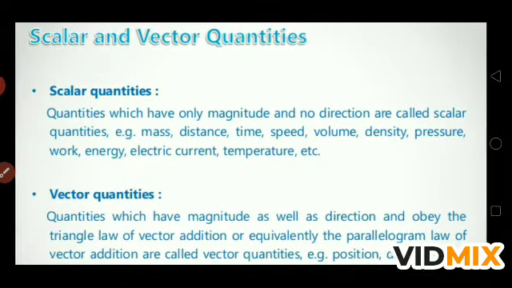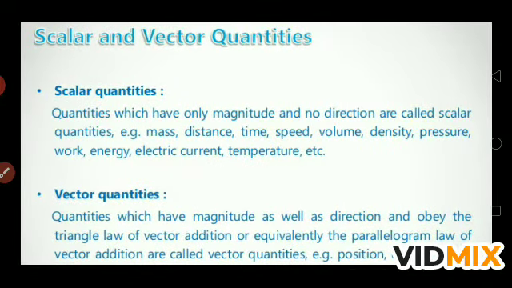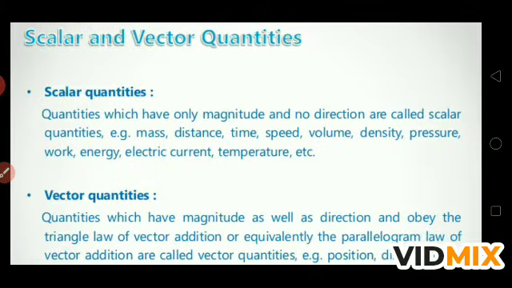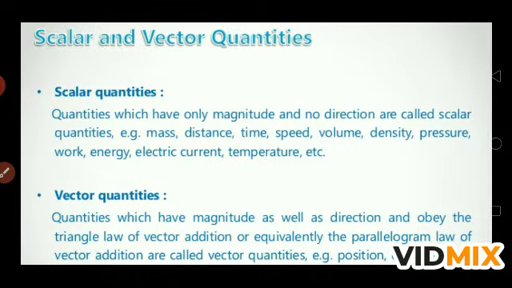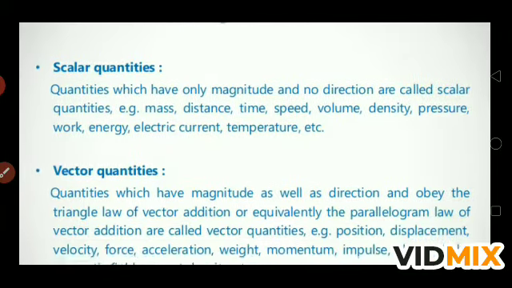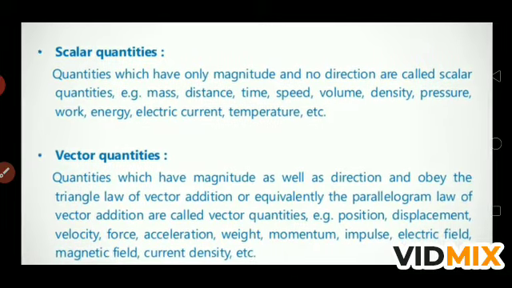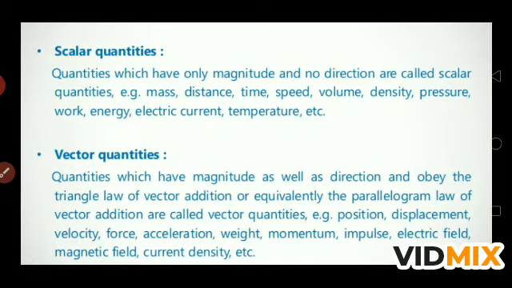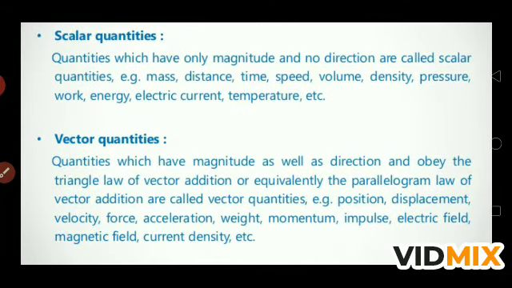Now everyone knows what is scalar and vector quantity. The scalar quantities which have only magnitude and no direction are called scalar. For example, mass, distance, time, speed, volume, density, pressure, work, energy, electric current, temperature, etc. And vector quantities are the quantities which have magnitude as well as direction and obey the triangle law of vector addition or law of parallelogram of vector addition.